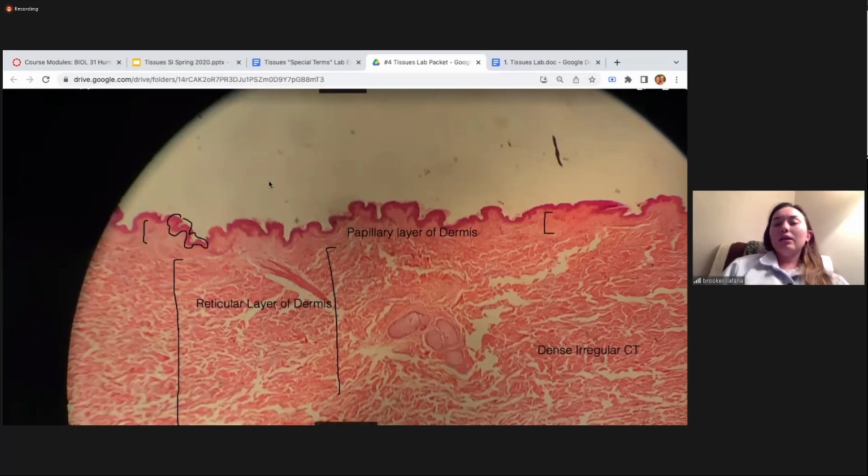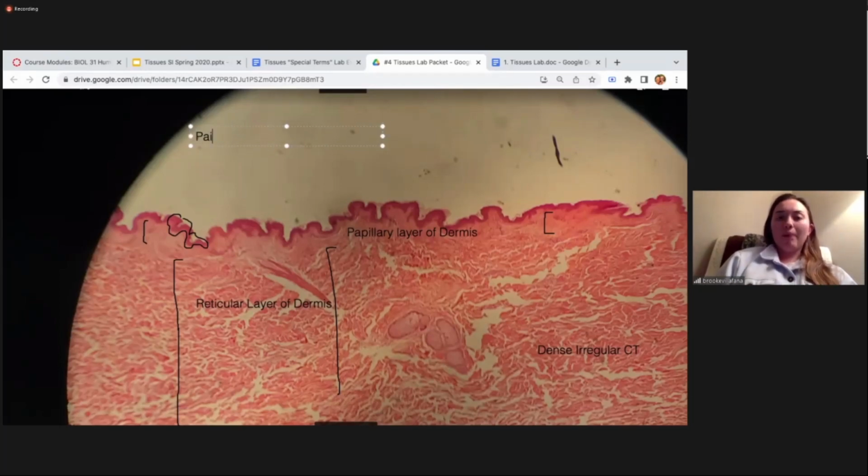Just to be clear, you're unlikely to be asked papillary layer on the exam. I was showing you that because you do need to know what tissues are found in the papillary layer, and you need to identify papillary and reticular on the model. So it was important that you understood the concept.